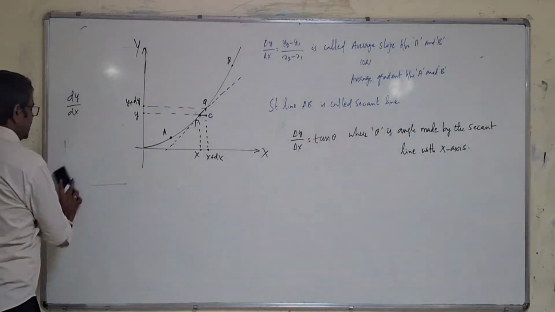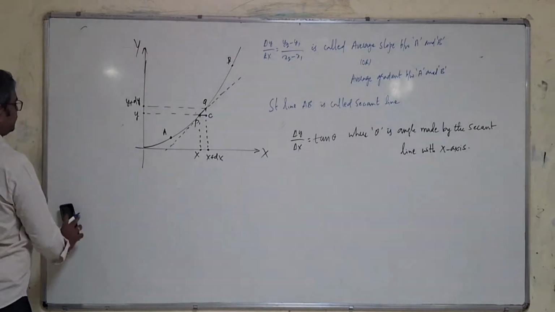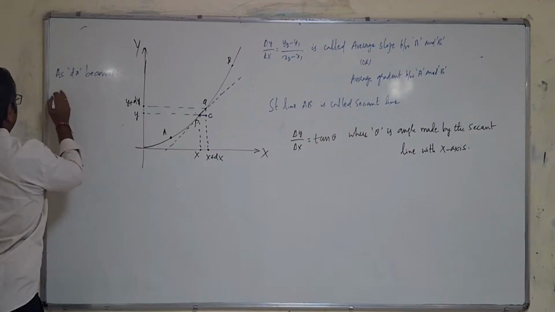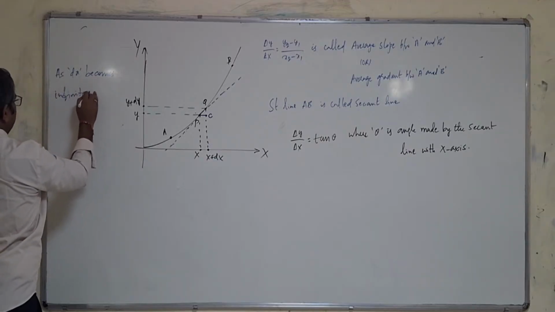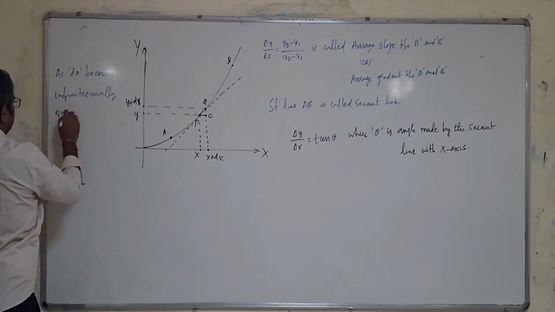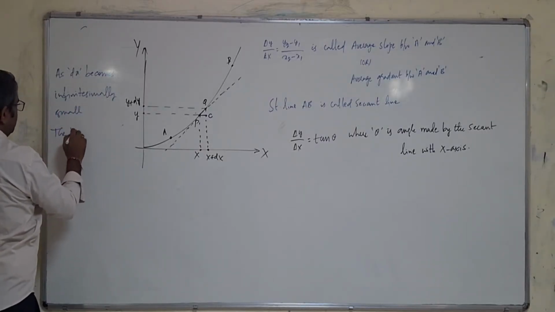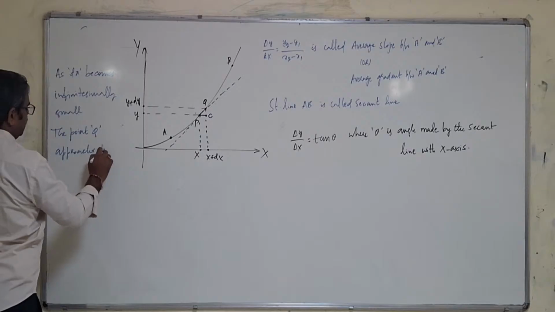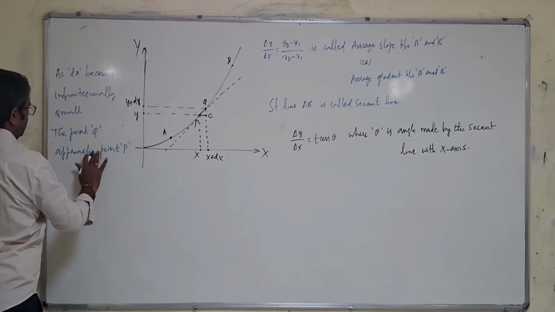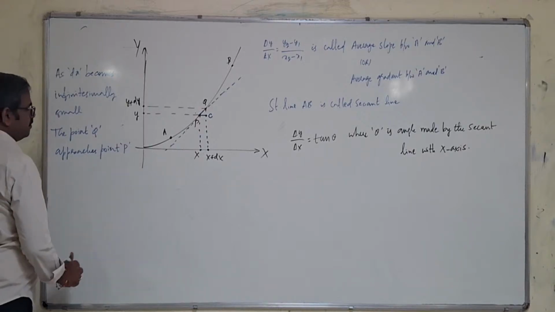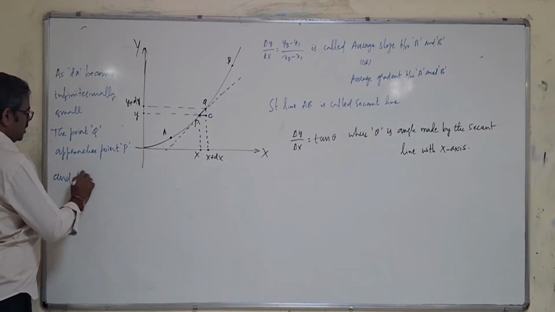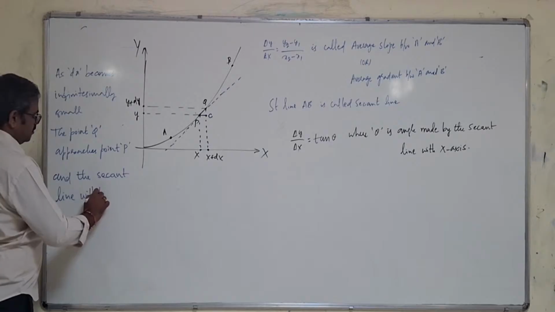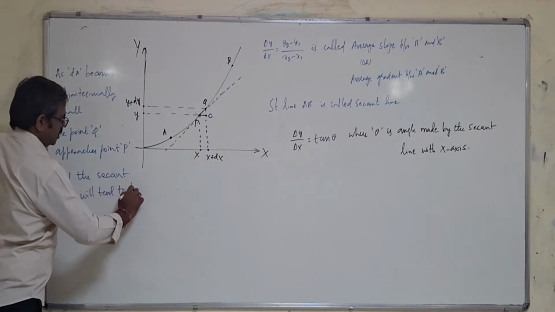So as the interval becomes smaller and smaller, as dx becomes infinitesimally small, the point Q approaches point P, and the secant line will tend to become what?